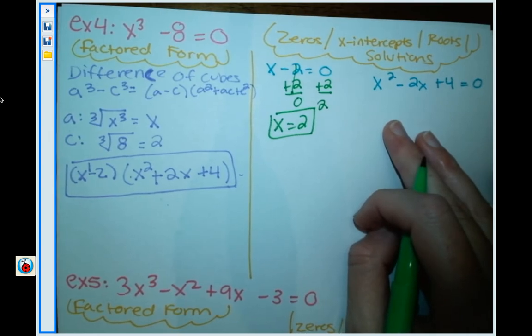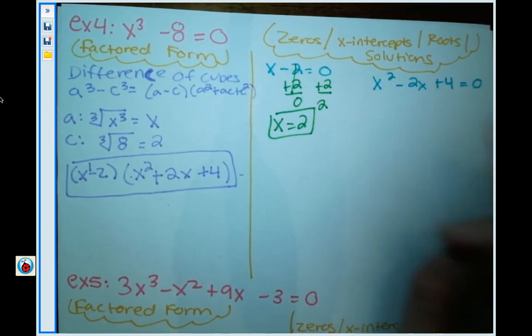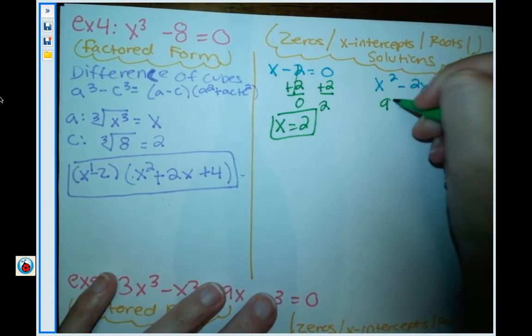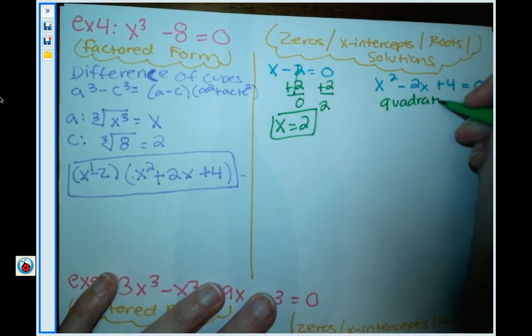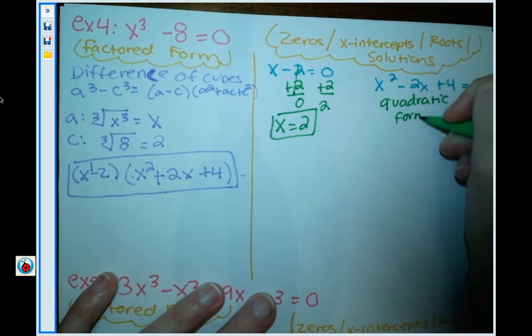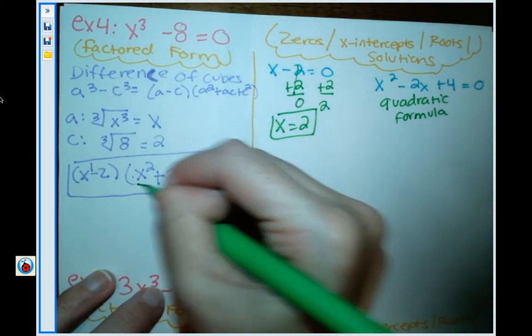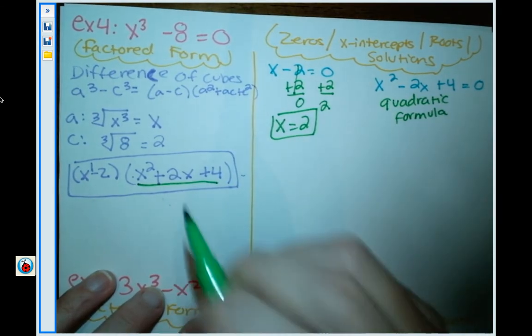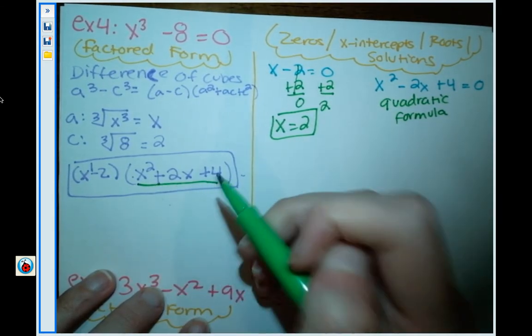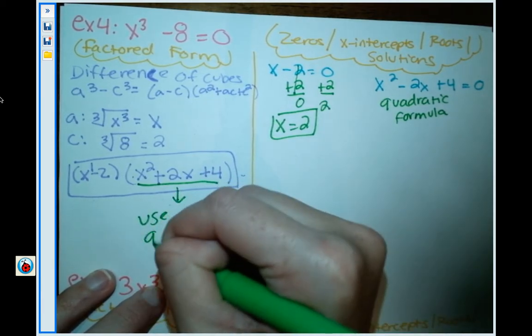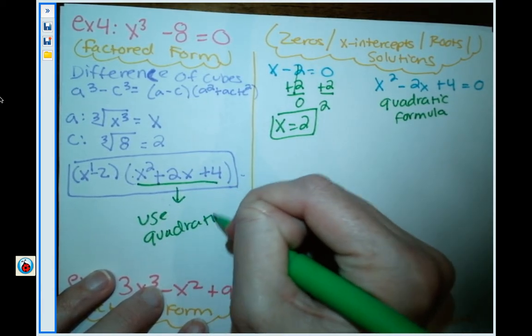Now I have 3 terms. If you cannot slide and divide or factor of any sort, you have to use the quadratic formula. So that's what we're going to be doing on this one. Quadratic formula. Anytime you do a difference or sum of cubes, on the trinomial only, so the trinomial is the one with 3 terms, tri means 3, you always have to use the quadratic formula on it, because factoring will never work.